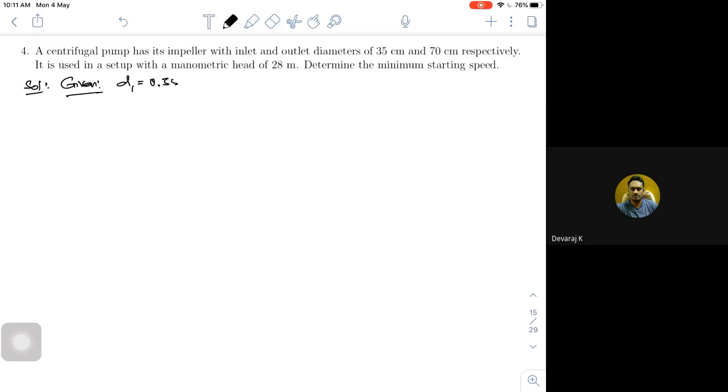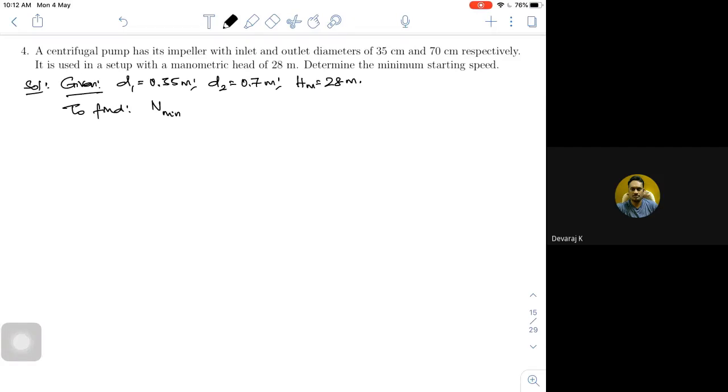D2 is equal to 70 centimeters or 0.7 meters, and the head under which it's working, that is your manometric head, HM is equal to 28 meters. What we are supposed to find? The minimum starting speed at which it has to work.